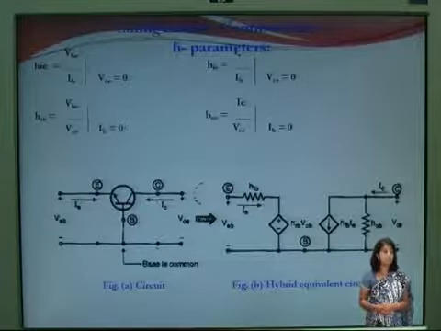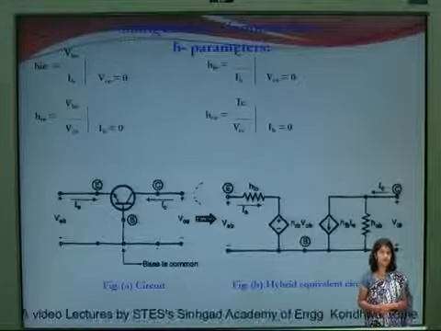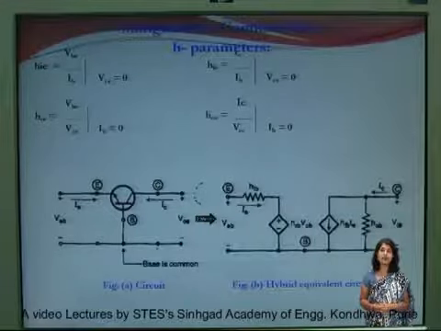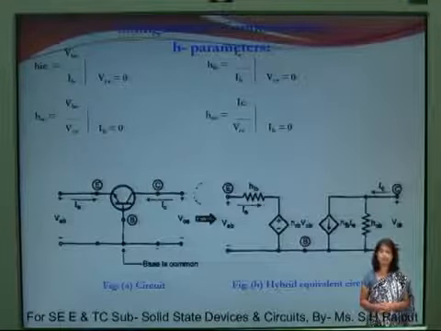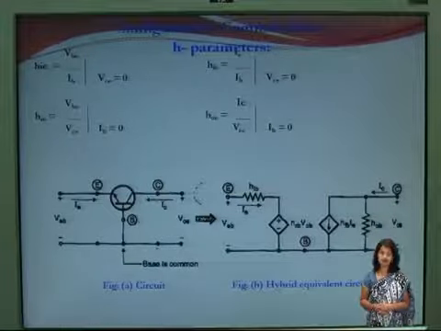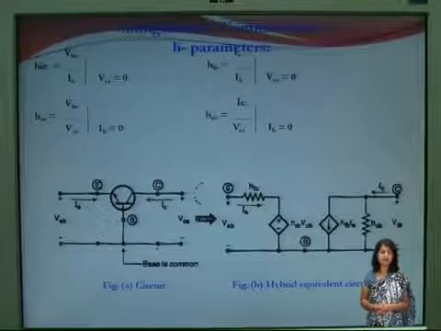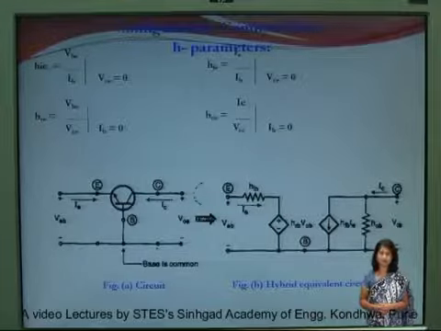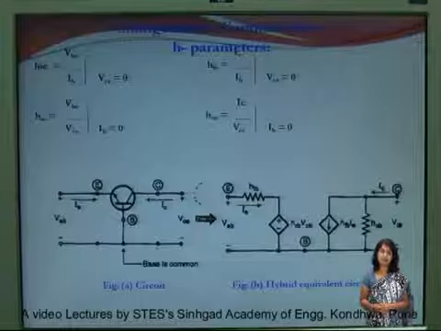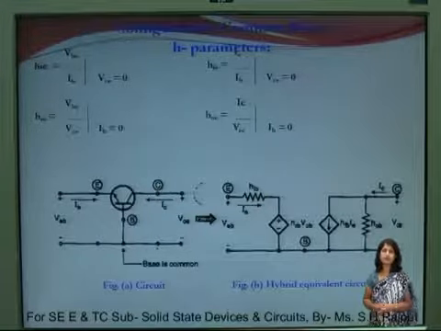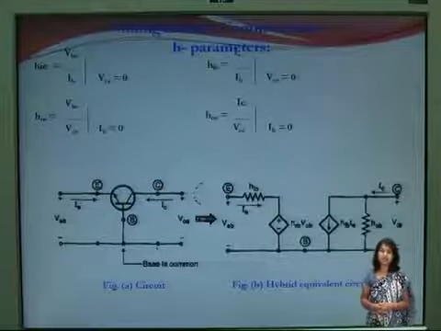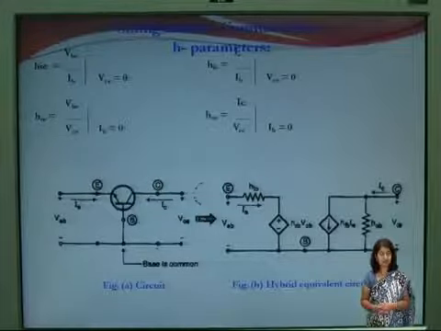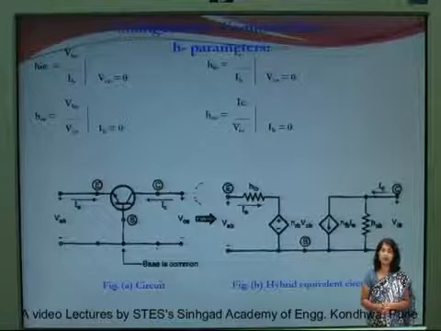The second parameter is hre, the reverse voltage, equal to VBE divided by VCE by considering IB equal to 0. The third parameter is hfe, the forward current gain, equal to IC divided by IB by considering VCE equal to 0. And the last parameter is hoe, the output admittance, equal to IC divided by VEC by keeping IB equal to 0.